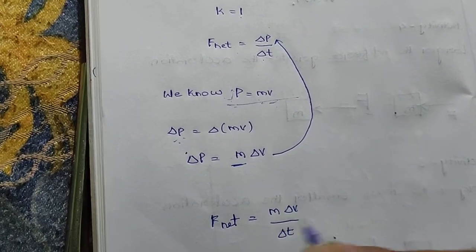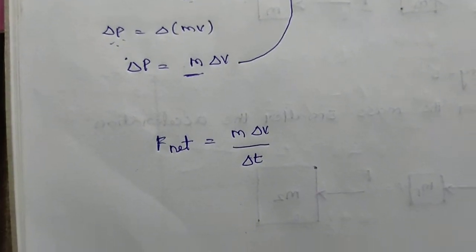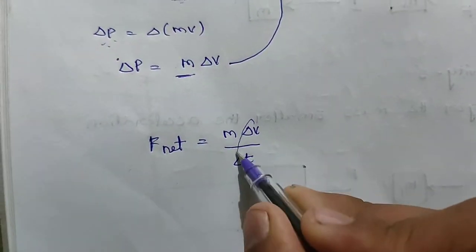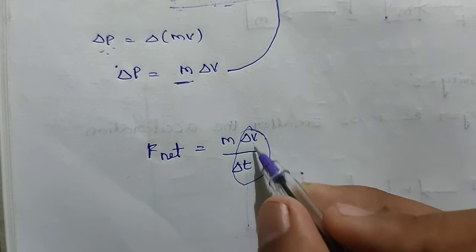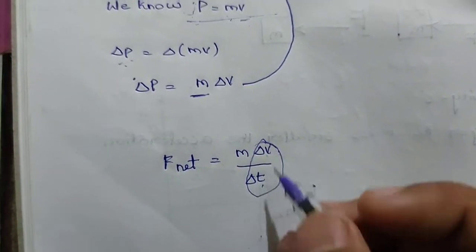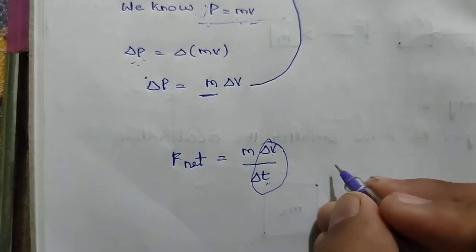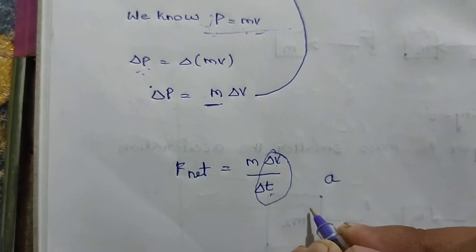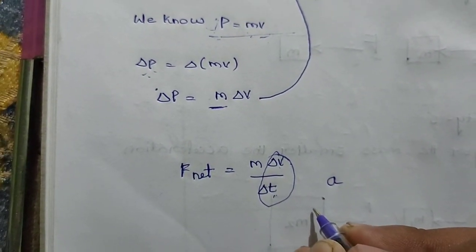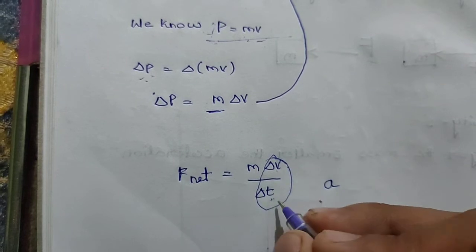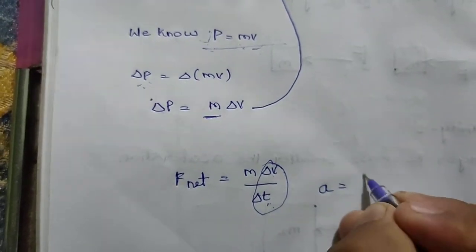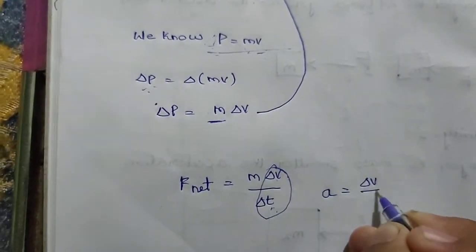In this equation you must have observed delta v by delta t. Velocity per time is nothing but acceleration. So instead of delta v by delta t, can I write a?